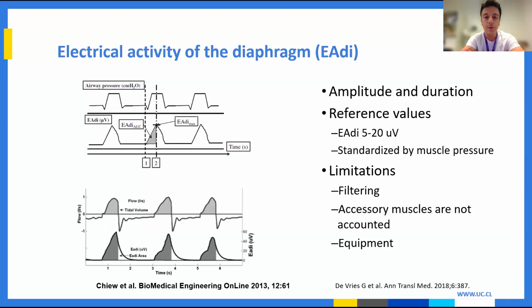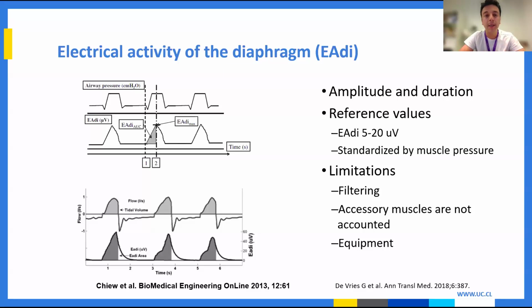And similar to esophageal pressure, it has some limitations because there is some filtering that the algorithm is applying. For instance, you can have a flat tracing because of the filters, and this could be complicated if you want to assess, let's say, patient-ventilator interaction.